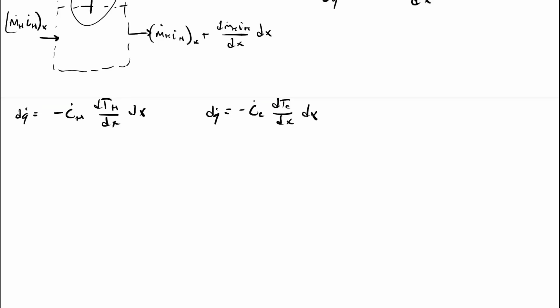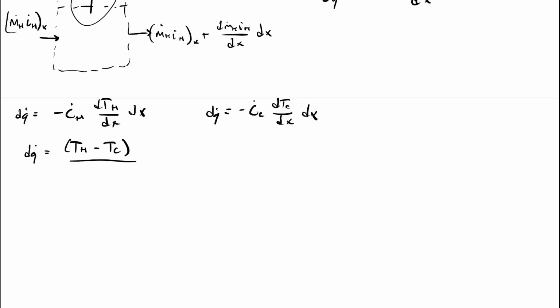Okay, so let's introduce our rate equation for Q dot. In our rate equation, we want to think in terms of our resistance network. So we could write our dQ dot as the temperature in the hot stream minus the temperature in the cold stream, at some position x along the path. So T_h and T_c are both functions of x.